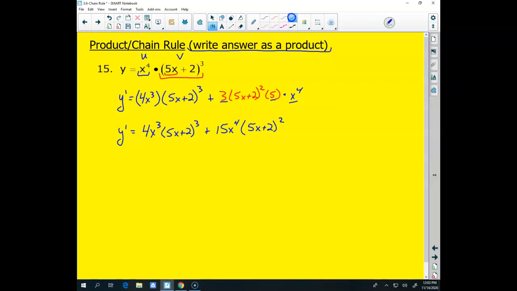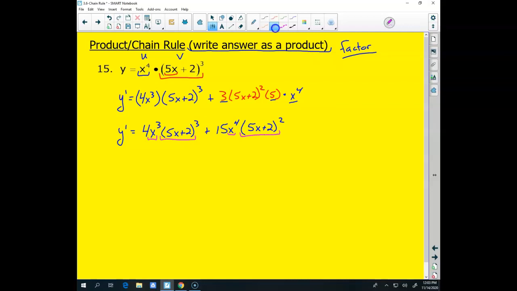What I want to do, if I want to write my answer as a product, I now want to factor my derivative. What are you talking about? Well, I can see both terms have an x cubed in common, because that one's an x to the fourth, and each term has at least this quantity of 5x plus 2. It has at least 2 of them in common.